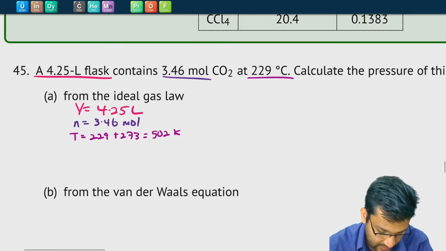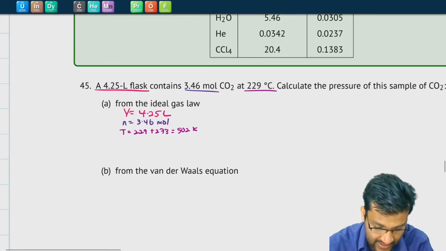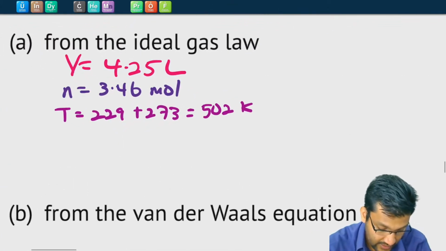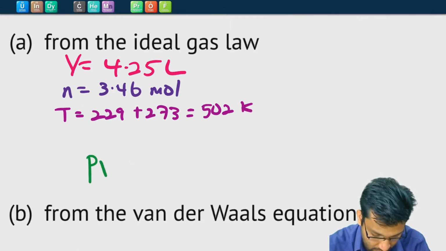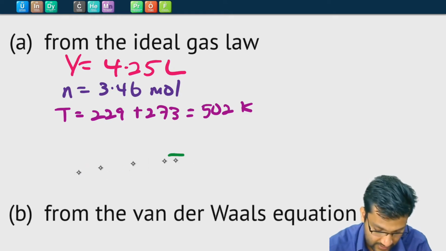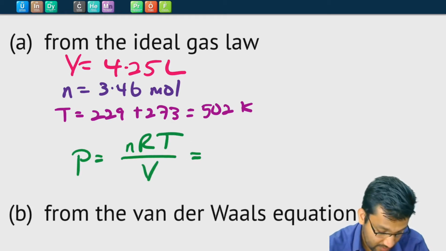And what else? We got V, we got n, we always know R, and they want us to calculate the pressure. Okay, so this is the ideal gas law. PV is equal to nRT, which means that the pressure is equal to nRT over V. So let's just plug in numbers, right?